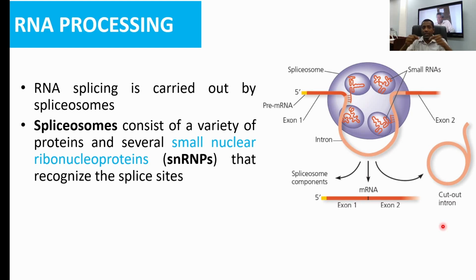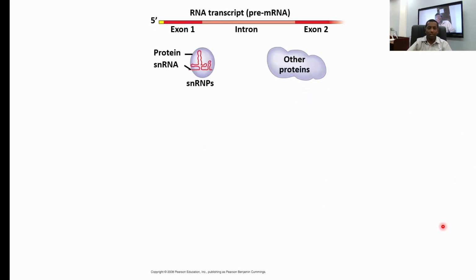I don't know whether you can see this properly. Imagine you have a piece of intron. The spliceosome forms a loop like this, cuts from these two ends and joins the two exons, forming a continuous mRNA molecule. So let's see how it's done.